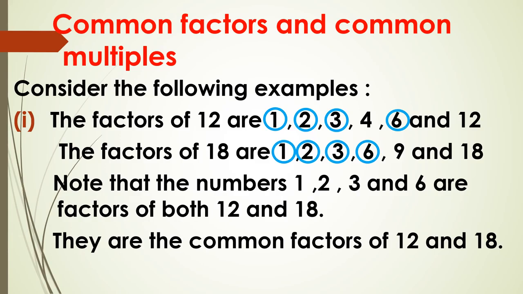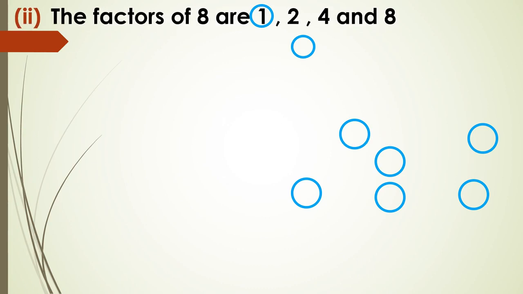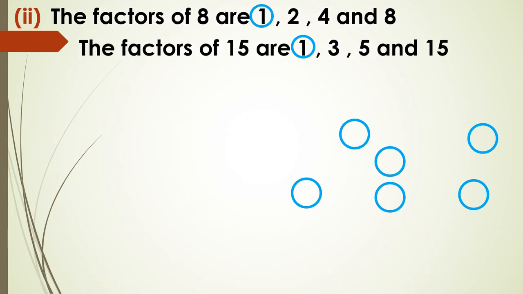See one more example of common factors. In this we are finding the common factors of 8 and 15. Factors of 8 are 1, 2, 4 and 8. And factors of 15 are 1, 3, 5 and 15. If you are not able to find factors orally, show in the rough column how you are finding the factors.